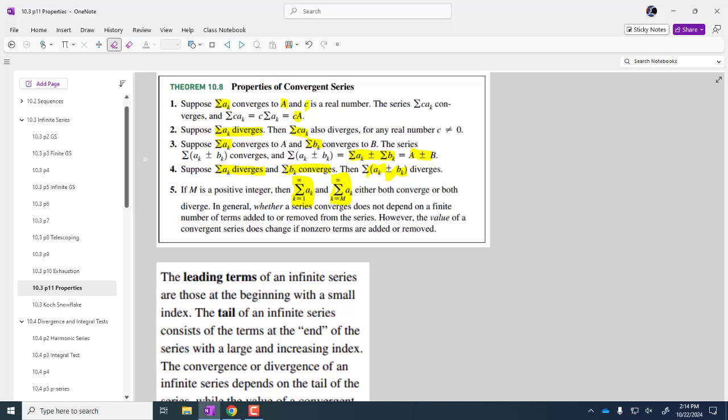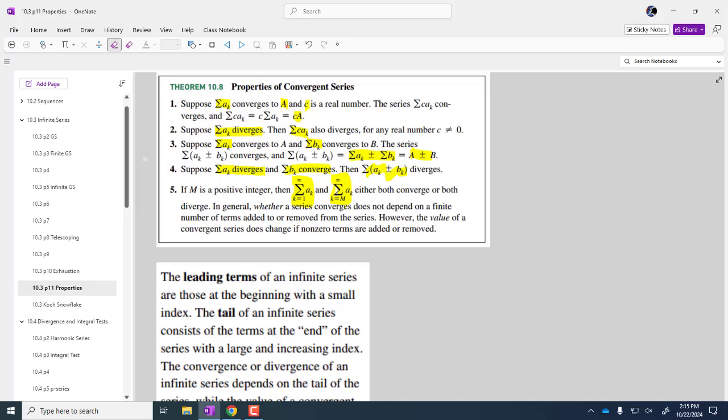So that's that whole principle that if you have an infinite series that converges, chopping off the first 1,000 terms doesn't change anything. Still converges. What does change is the value that the series converges to. Right? If you chop off the first 100 terms, that's going to create a series that converges still, but it's going to converge to a different number.